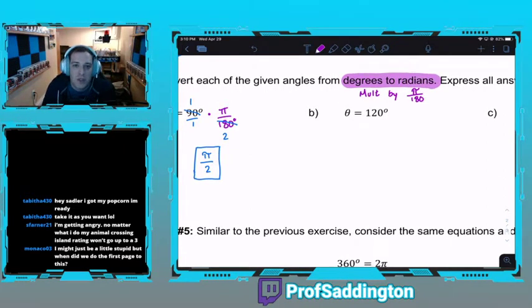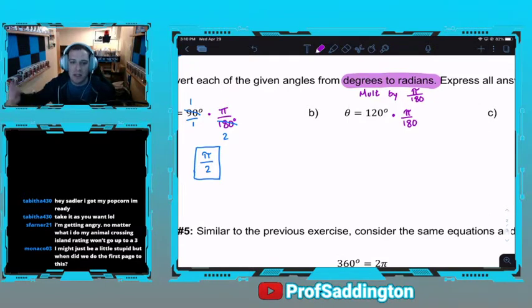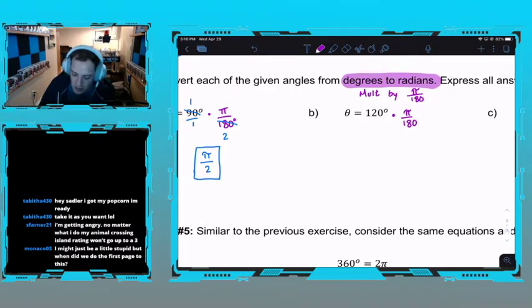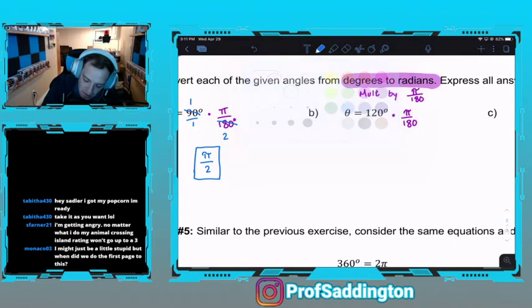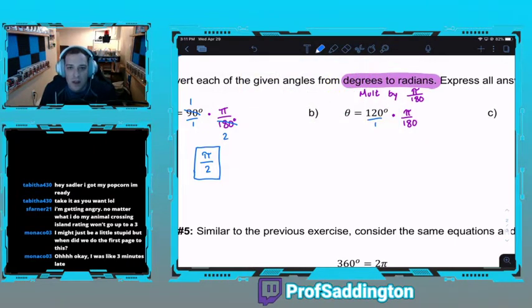So if we go to do 120 degrees and we convert that to radians, all I'm going to do is multiply it by pi over 180. So basically, it's just the same exact process every single time. So I'm going to put the 120 over 1. And now, again, I want to cross reduce it.